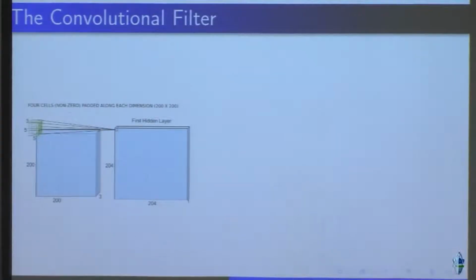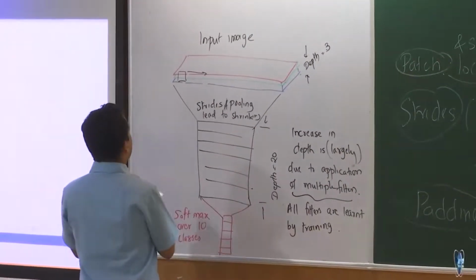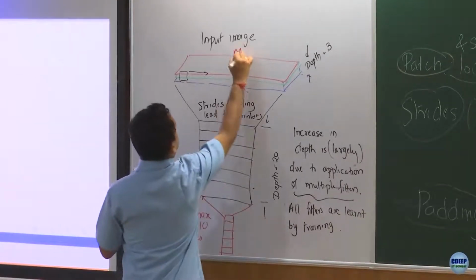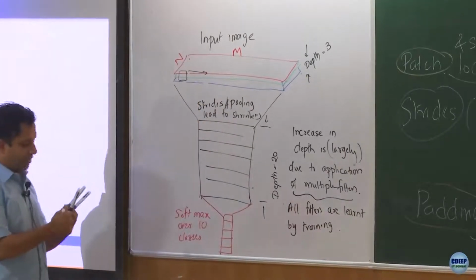Then towards the end of last class, we talked about the size. What would the shrinking down effect be? So let's say my original image had dimensions m cross n. That was my original image dimension.